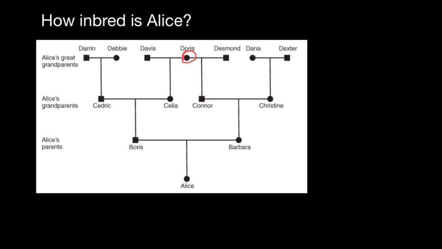In my previous videos I already showed how to do such calculations using the path method. So here's the path method, how genes flow from Doris to Alice. This is going to be another few paths. But today I'm going to show you the express method, how to do such calculations much faster.